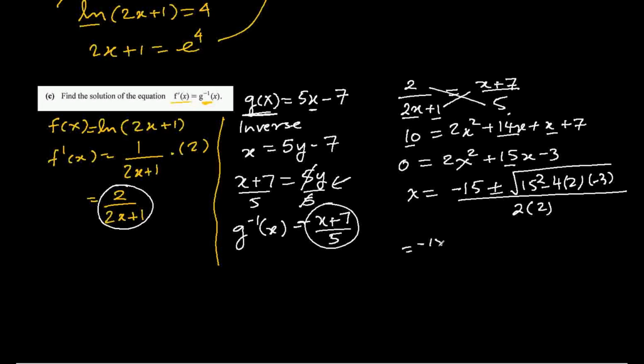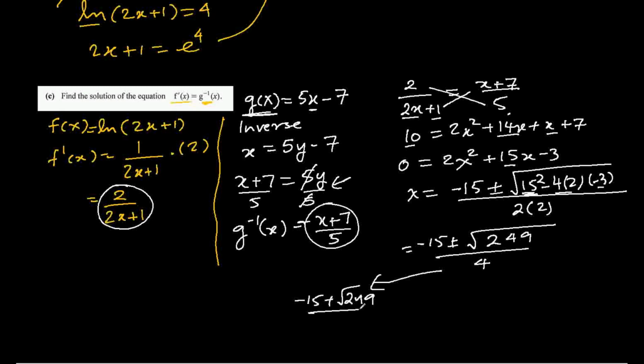Minus 15 plus minus square root of 225 plus 8 times 3, 24, 249, over 4. So we have two solutions for this. Minus 15 plus square root of 249 over 4, and this one is minus 15 minus square root of 249 over 4.